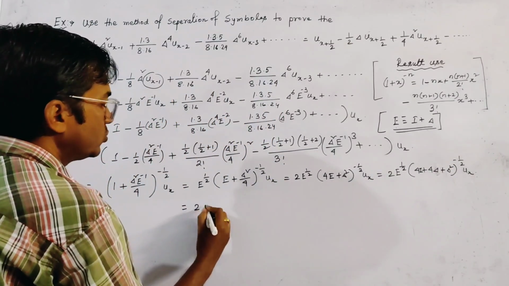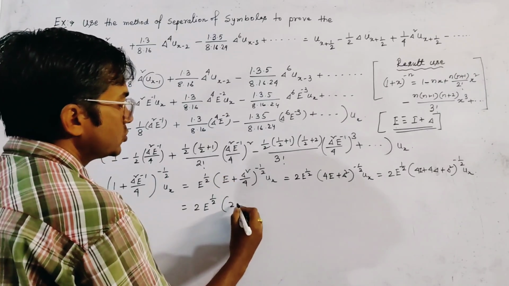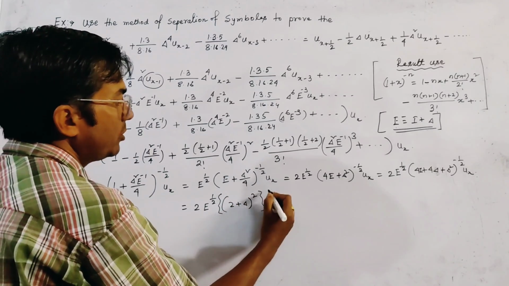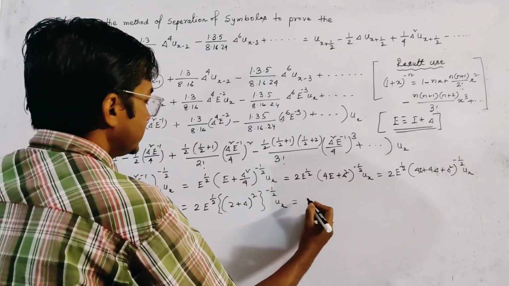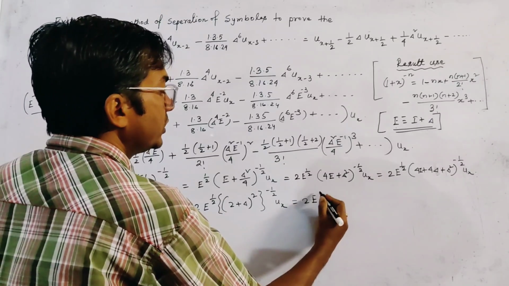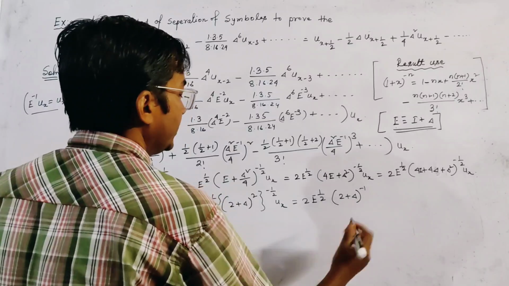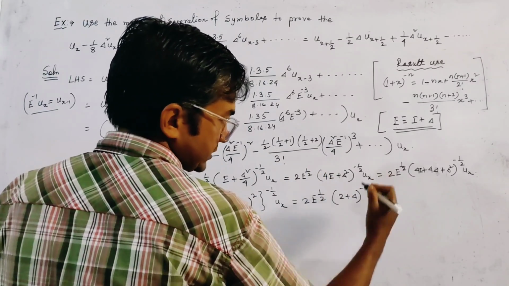This is 2 E to the power 1/2 into (2 plus delta) whole squared to the power minus 1/2, which is 2 E to the power 1/2 (2 plus delta) to the power minus 1 u_x.